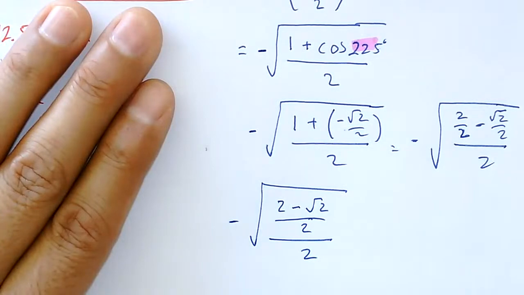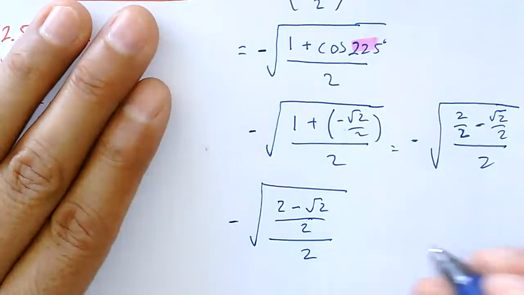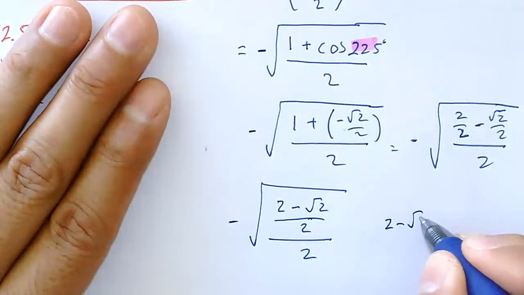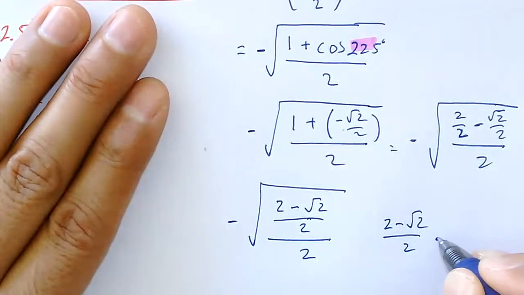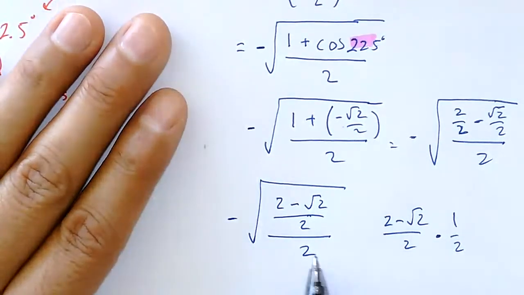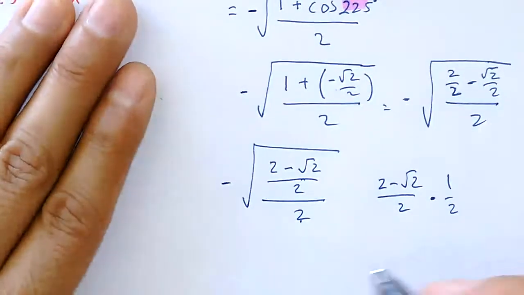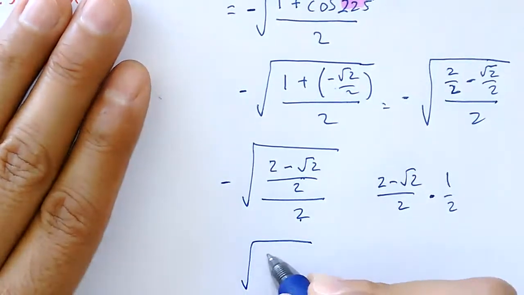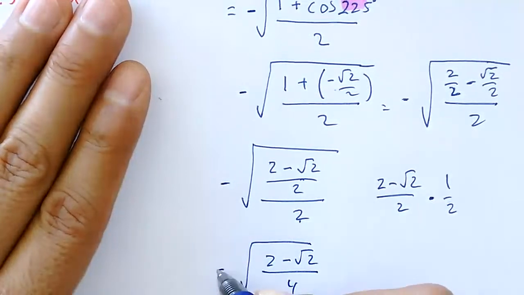Again, it is in the radical still. And because it's in the radical, I have to divide that by 2. So to divide by 2, I'm going to multiply by the reciprocal, 1/2. Again, divided by 2 is multiplied by 1/2. And let me continue here. In the radical, I get that.